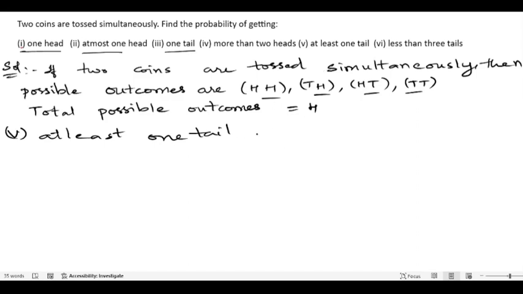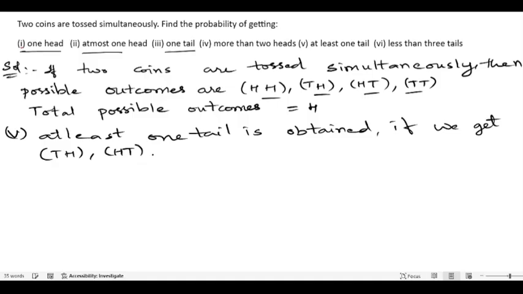So let us write down, at least one tail can be obtained if we get tail head, head tail, tail tail.